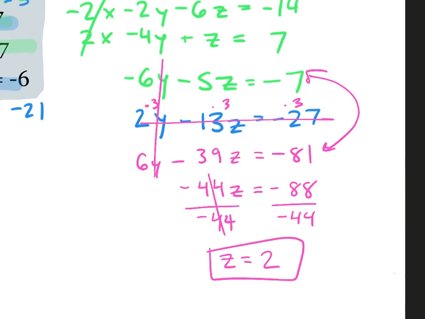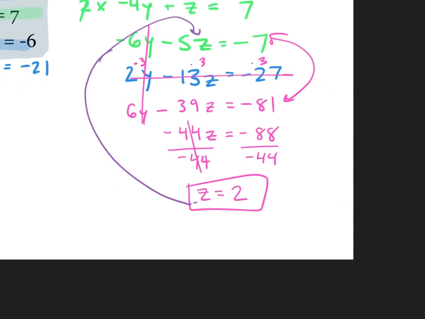So we got z. How do we find y? Plug 2 into one of those two equations. Which one? The green or the blue? Top one, the green one. Sure. Let's plug it into the top, as long as we're plugging it in for z. So we have negative 6y minus 5 times 2 is equal to negative 7.